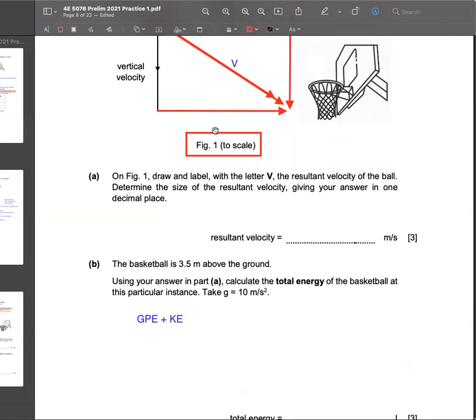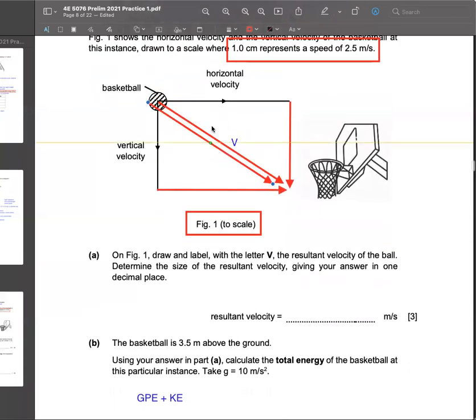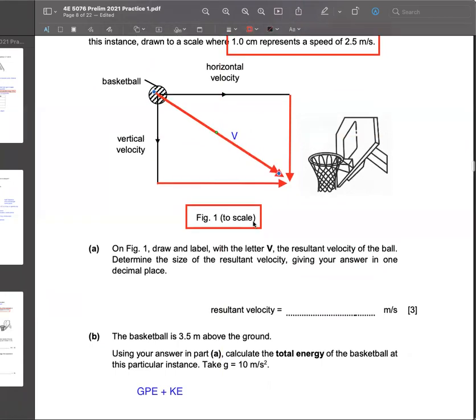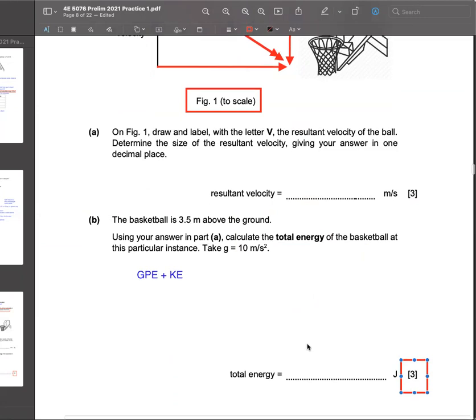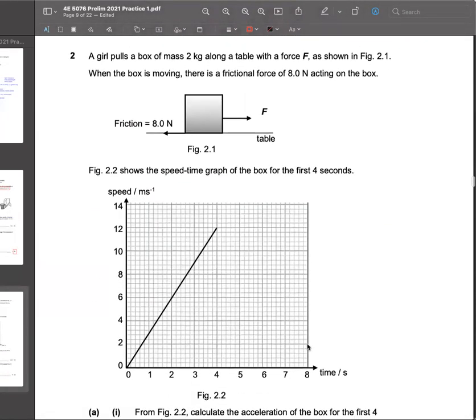From throwing the ball. All right. So how do you know questions are more tricky? You can look at the marks. If it's 3 marks, they wouldn't just ask you for GPE. Okay. All right. Next one.